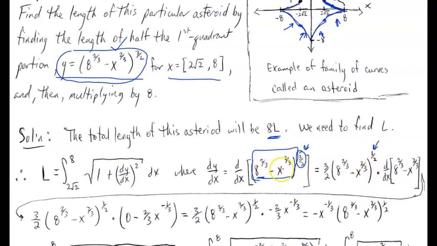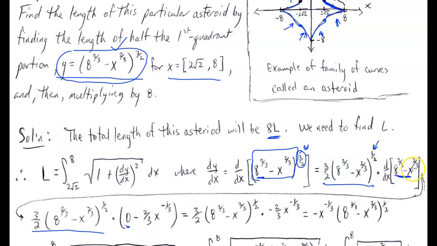Now, the chain rule also says that once we take the derivative of the outside function with respect to all the stuff in here, we multiply that times the derivative of the inside function with respect to x. So we have to take the derivative of 8 raised to the 2/3 minus x raised to the 2/3. For this portion, we just rewrite it. When we take the derivative of the inside function, the first term goes to 0 because the derivative of any constant is 0.